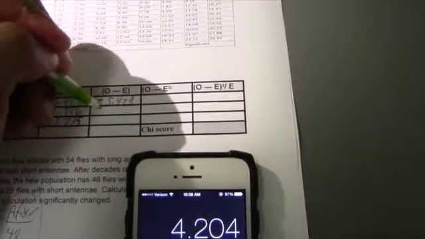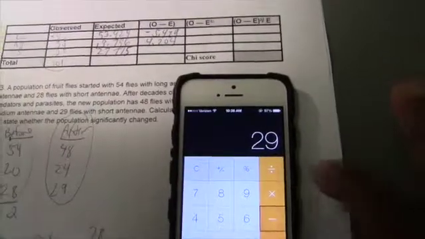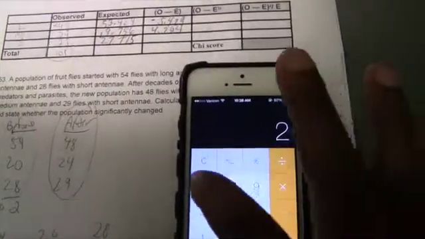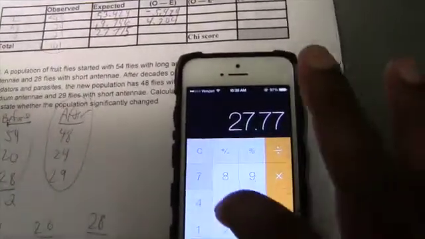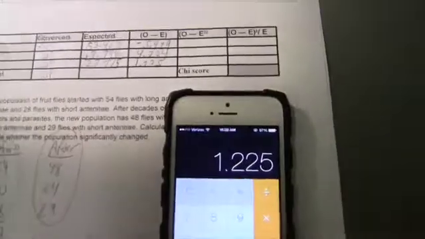That's going to give us 4.204. And then the last one, 29 minus 27.775. That's 1.225. Then we have to square these numbers.